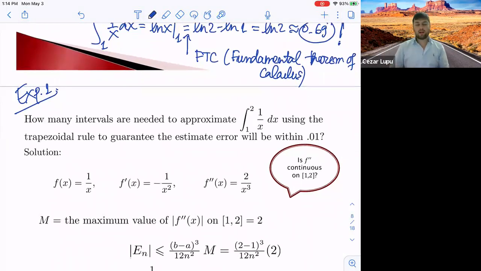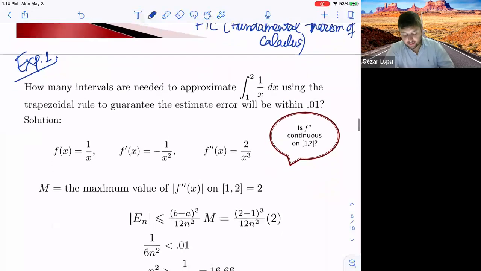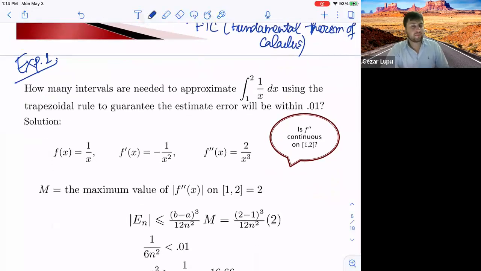And guess what? I can use the theorem above and estimate the error. In this case, b equals 2, a equals 1, and since M is 2, the error estimate will be 1 over 6 n squared. But I'm asked to have this estimate error within 0.01.